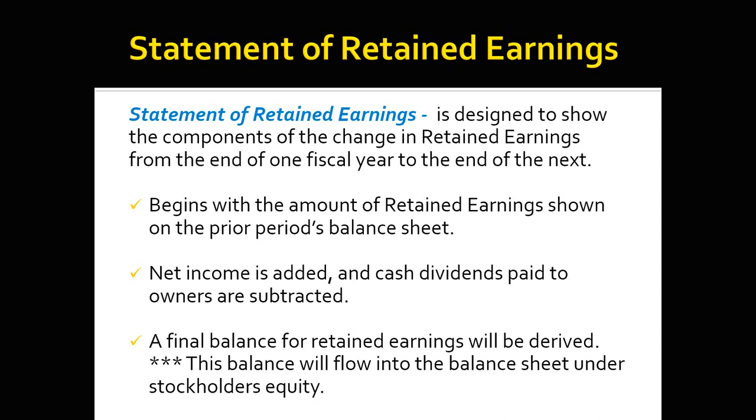That dividend will be subtracted from retained earnings. So that's taking that money out of the business. You will come down to a final balance for retained earnings. This final balance will flow into the balance sheet under stockholders' equity. Specifically, the account name is retained earnings.